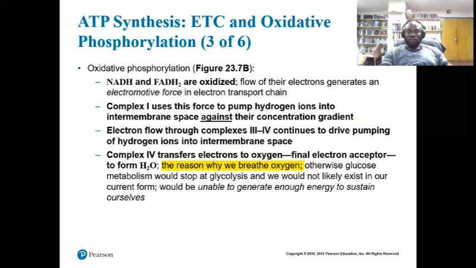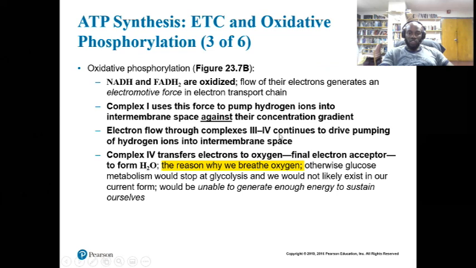Right? The NADH and the FADH2 are oxidized. That means they lose their electrons. The flow of the electrons generates electromotive force. That's where we get the energy from. And this force is used to pump hydrogen ions into the intermembrane space against their concentration gradient.